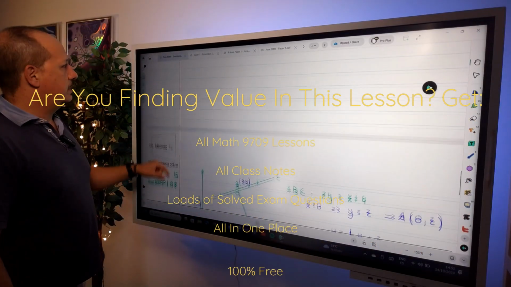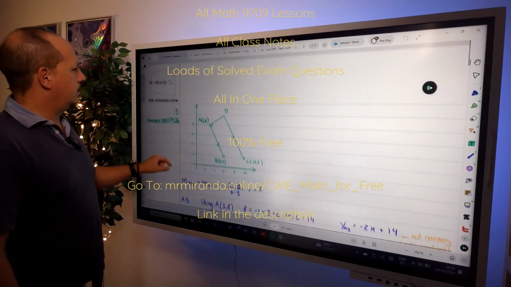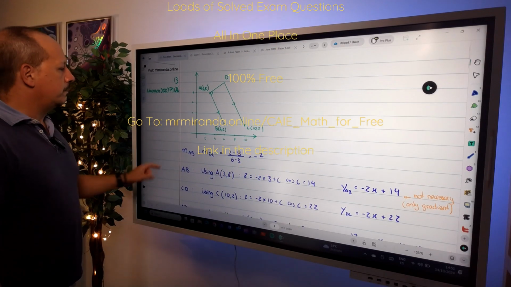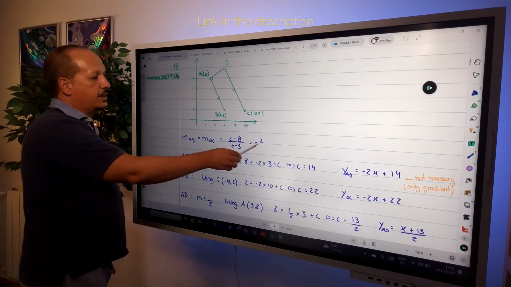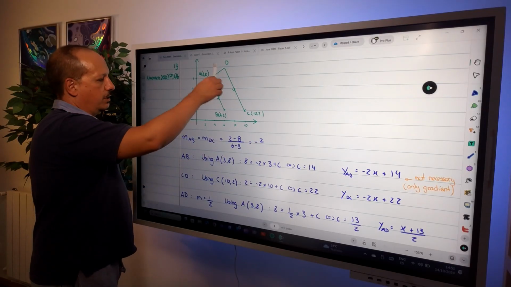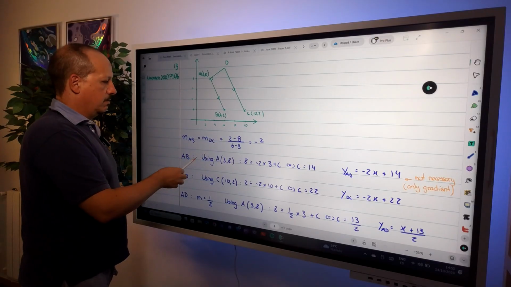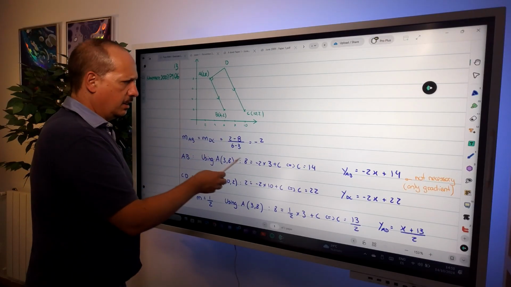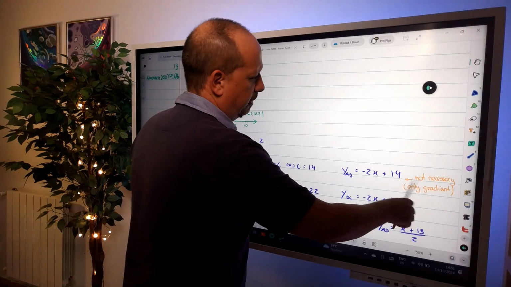So this is what we did. It's over here. First, get the gradient of AB. It's -2. So the gradient of that one is going to be, here I did the, I don't think it's required. Yeah, I wrote it here. Not required.